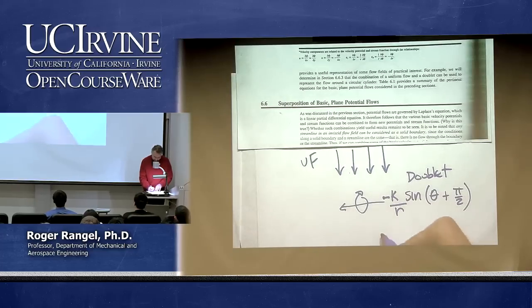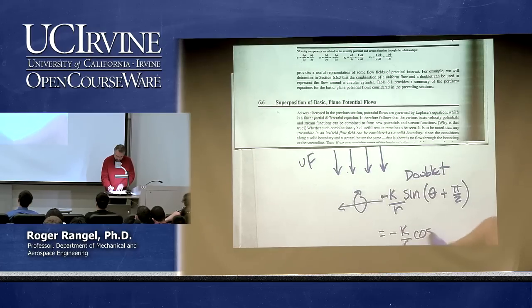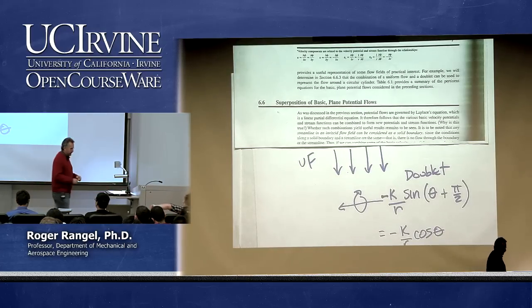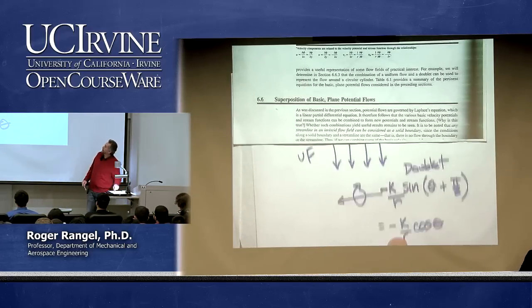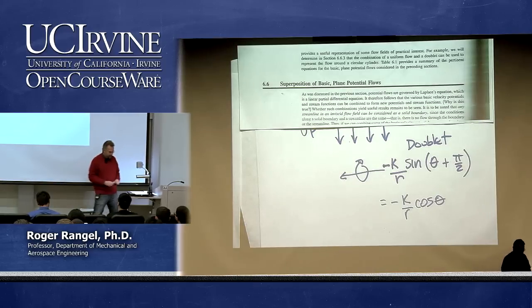So this becomes minus k over r cosine theta, because sine of theta plus pi over 2 is cosine theta, so the negative sign remains the same. You can see that's also a doublet.